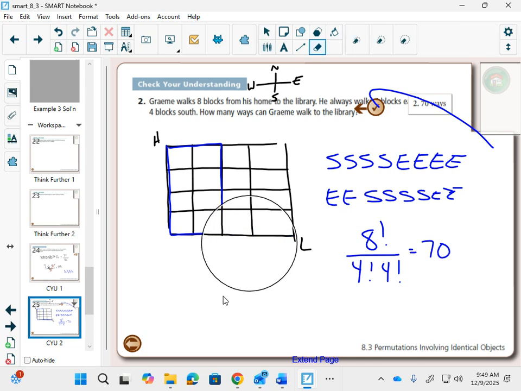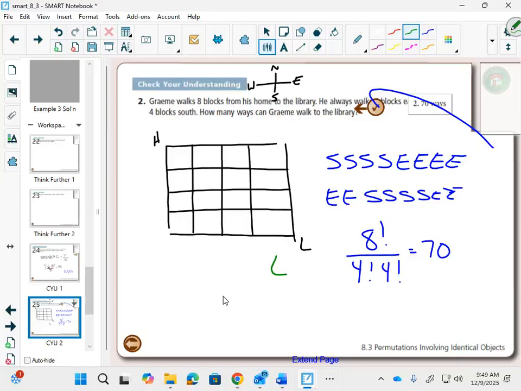But I'm going to show you something cool with this question as well. There is a systematic way to count it, with a little bit of pattern recognition, starting off with thinking of the library. If the library was right next to him, can you see that there would only be one way to get there? One path.